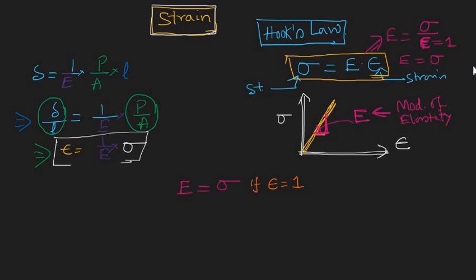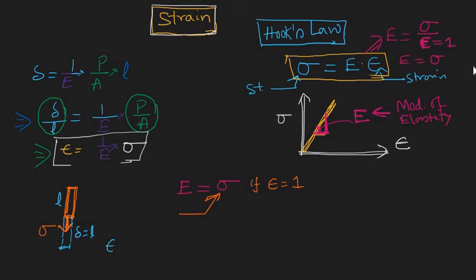So we have to apply a certain amount of stress to a structural member. We have to apply a stress sigma so that it elongates, the deformation is just equal to its length. So here delta is just equal to L.